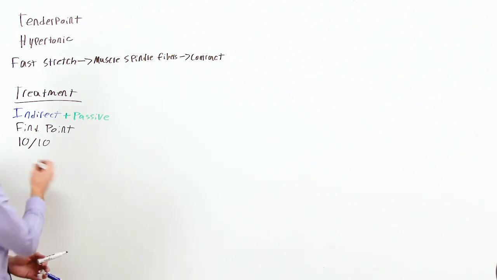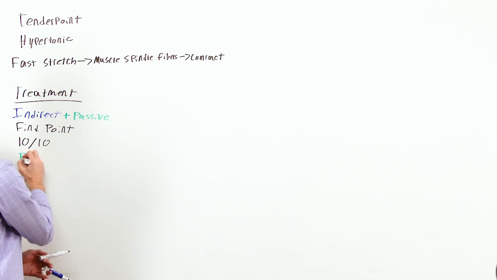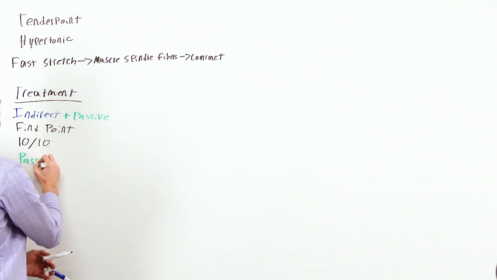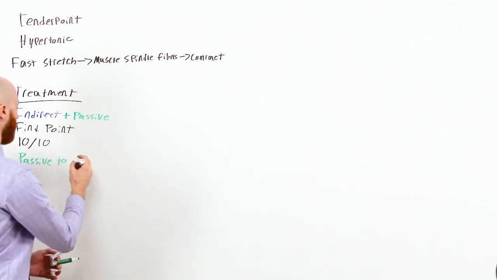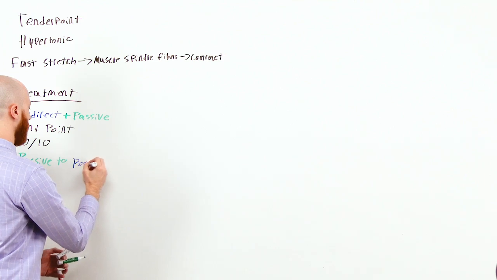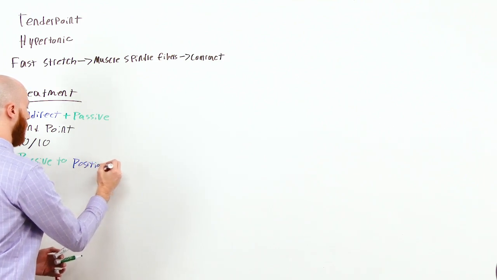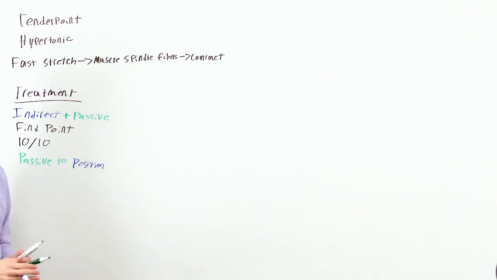So the next part is to passively move the patient into the treatment position. Now that you're in this position, you're going to poke the tender point again, and you're going to ask, how painful is it?